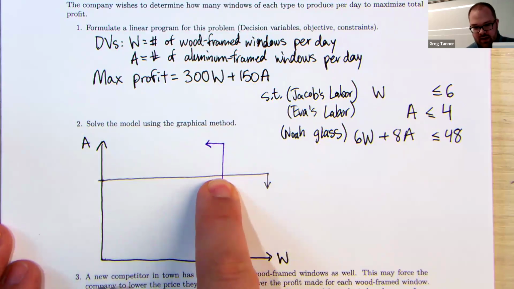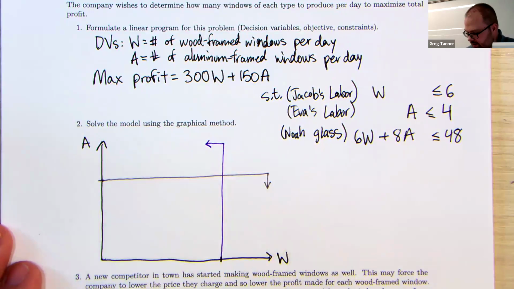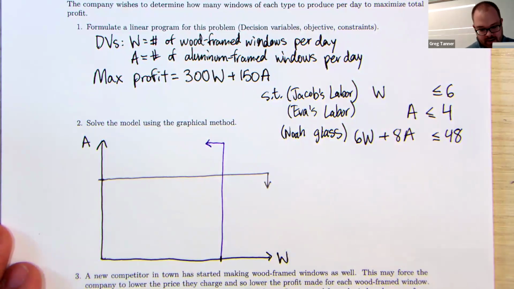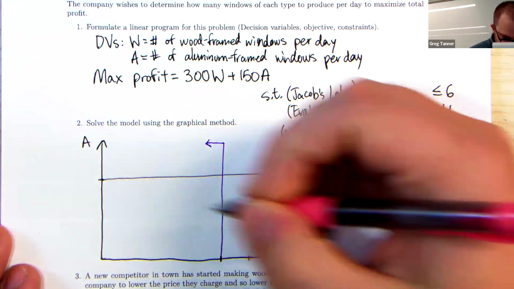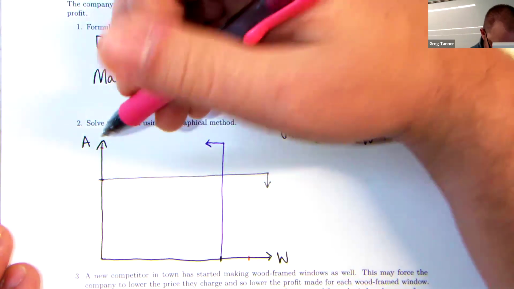up at this corner. But that corner is going to get cut off by the constraint from Noah's glass that's available, and that's a shared resource, and that's going to give us a diagonal line. And so plugging in, that will intercept down here at 8 and up here at 6.